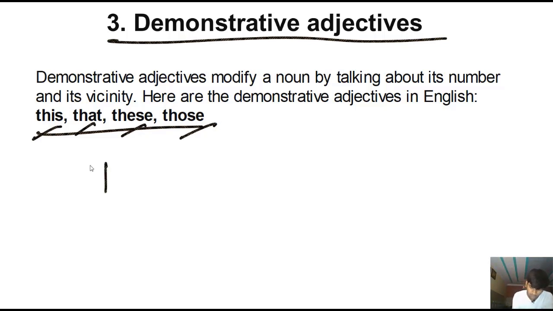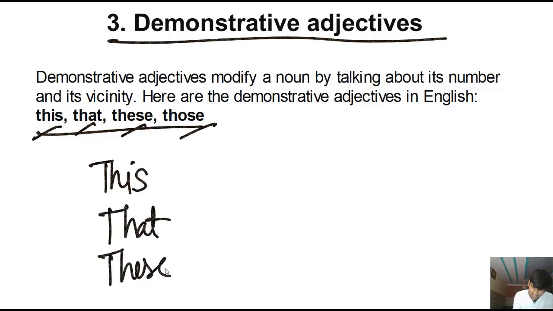Okay, so this, that, these, and those. These are demonstrative adjectives.